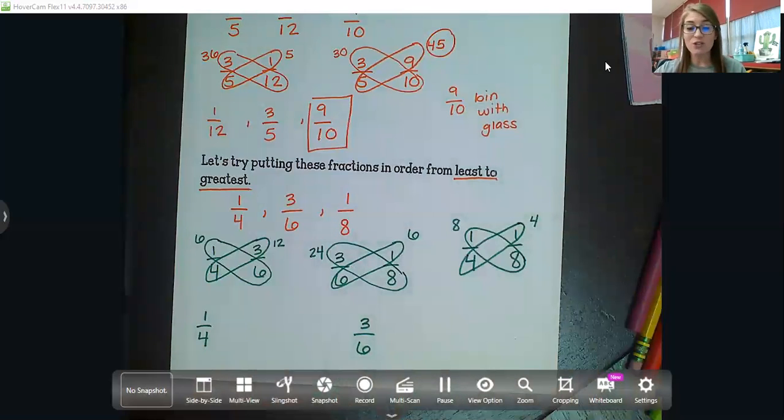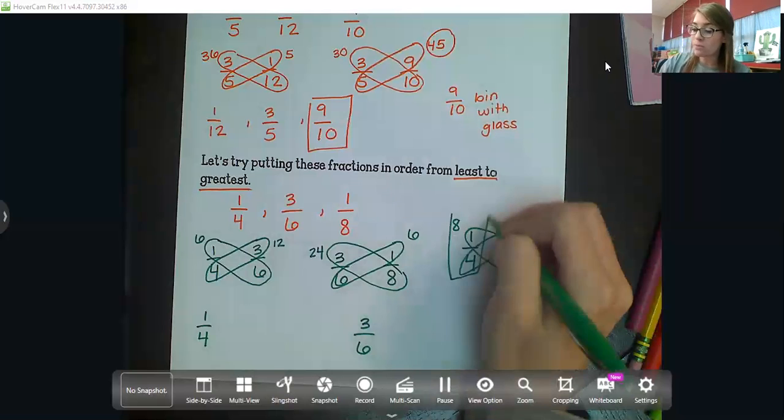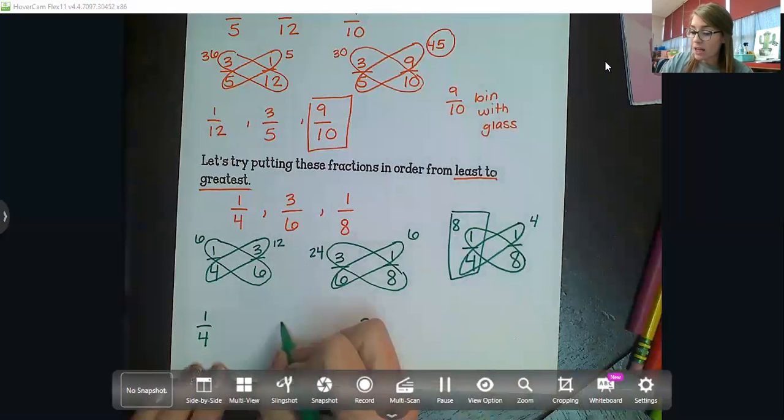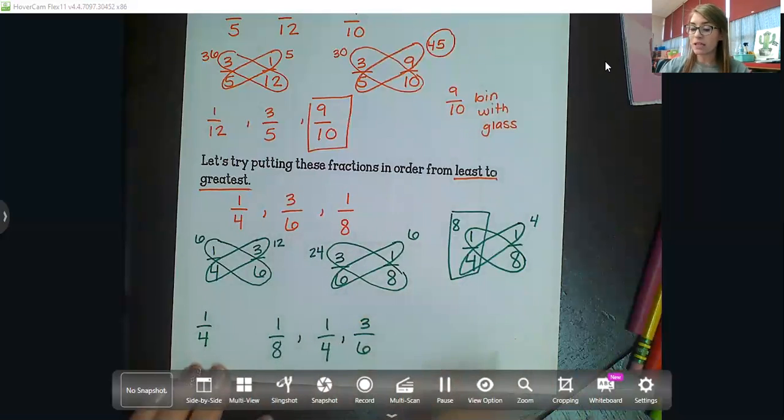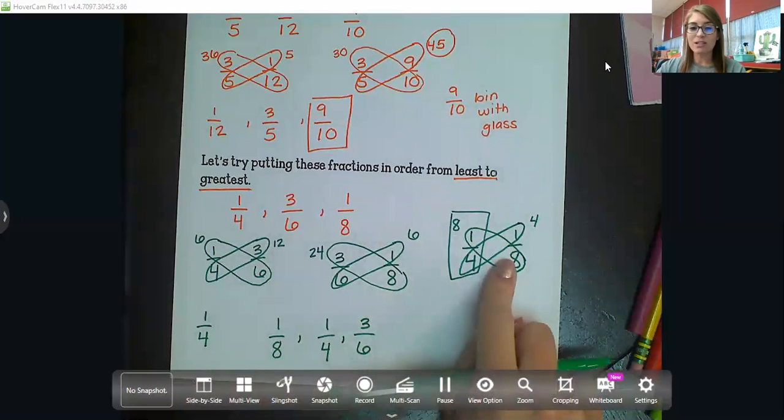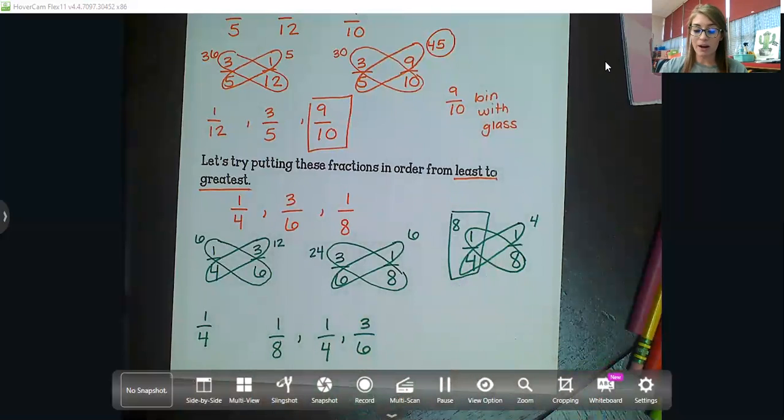Okay, so which fraction is larger, 1/4 or 1/8? Yes, 1/4 is the larger fraction, which means that 1/8 is our smallest fraction. So the order from least to greatest would be 1/8, 1/4, and then 3/6. Okay, so that's why it's always good to double check and make sure that we're comparing everything to get them in the right order.